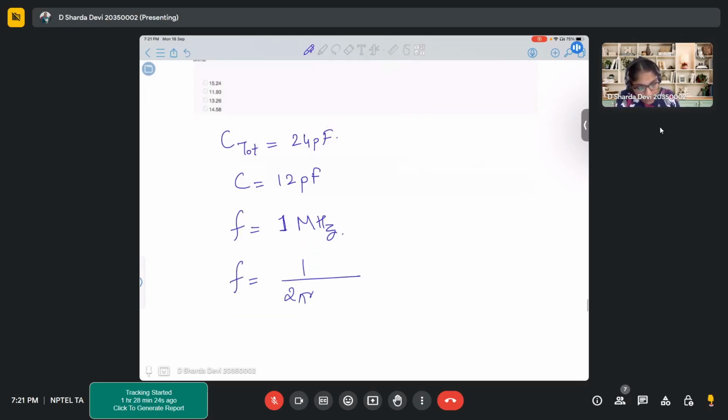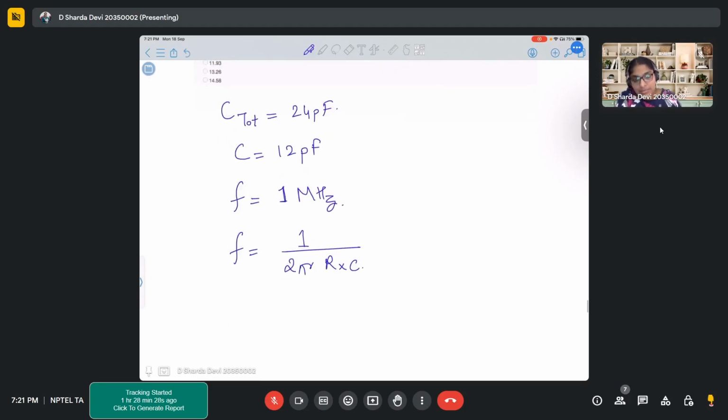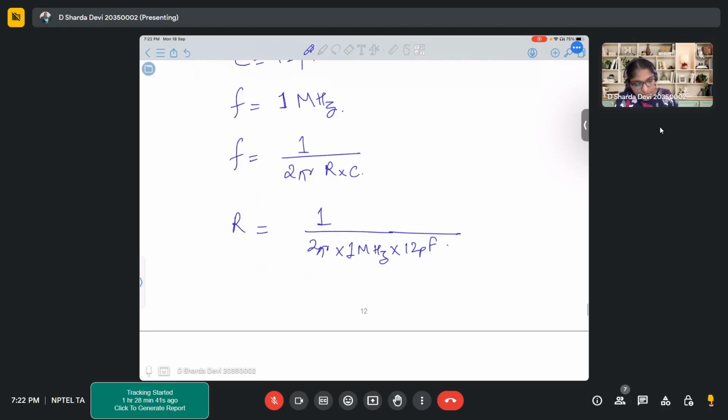It is 1 upon 2 pi R into C. So you'll get the value of R by 1 upon 2 pi into 1 megahertz into 12 picofarad. So when you solve this, the value of R will be 13.26 kilo. Okay?